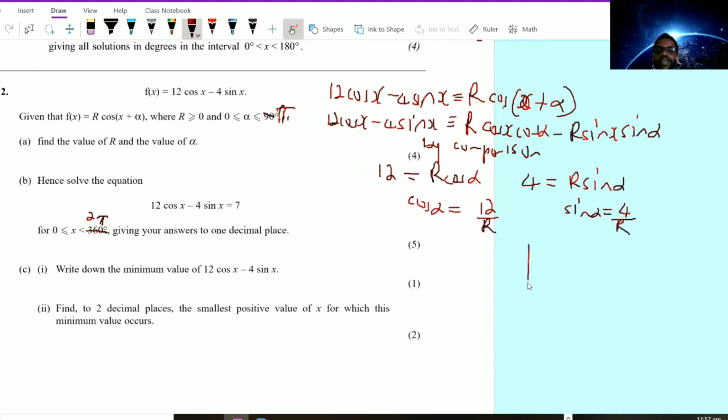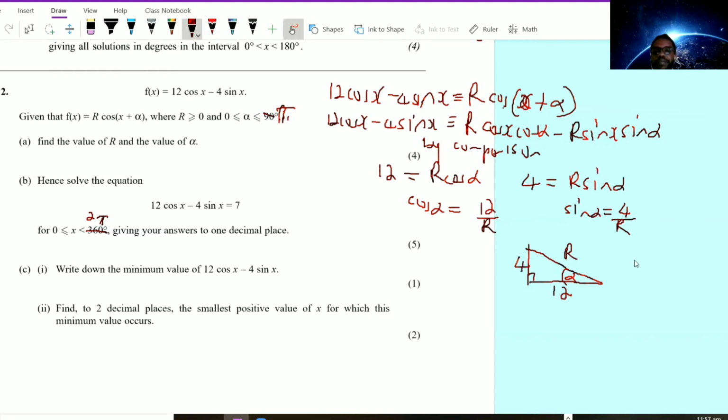Now, what is perfect here is to get a little right angle triangle, put in alpha. Cos alpha is adjacent over hypotenuse, so this will be 12, and the hypotenuse would be r. Over here is unknown, but of course, sin alpha says 4. Sin is opposite, so here would be 4, and the hypotenuse would be r.